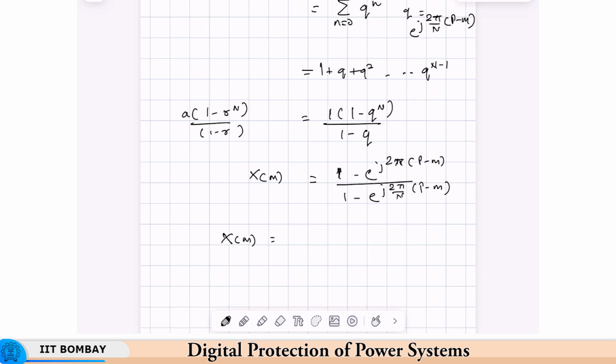We will take out e raised to j pi (P minus m) as common in the numerator, and e raised to j pi by N (P minus m) as common in the denominator, and here we will get e raised to minus j pi (P minus m) minus e raised to j pi (P minus m), divided by e raised to minus j pi by N (P minus m) minus e raised to j pi by N (P minus m).